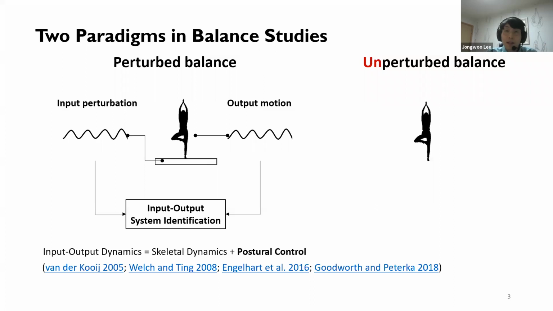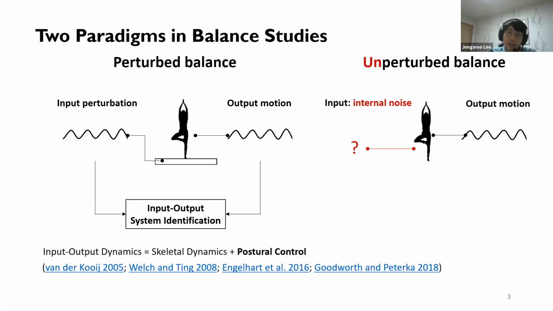On the other hand, in unperturbed balance, as the name says, you don't apply perturbation. So if you don't apply perturbation, would subjects move at all? Yes, they would, because they are kept challenged by the internal noise in our system. So you can still measure the output motion of the human subjects, and you can characterize human behaviors.